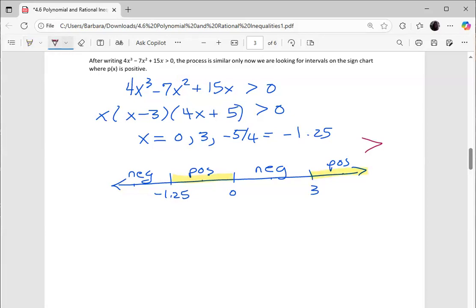And we also know that this is an open interval. Therefore, we're going to have open intervals there. So the solution is from -1.25 to 0, union 3 to infinity.